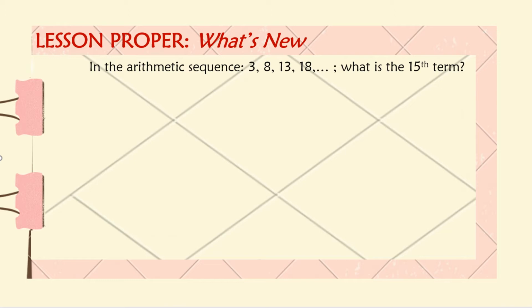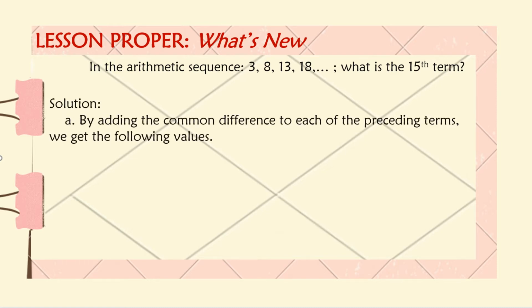Let's proceed to our lesson for today. In the arithmetic sequence 3, 8, 13, 18, what do you think is the 15th term? We are looking for the 15th term. How will we do that? By adding the common difference to each of the preceding terms, we get the following values.